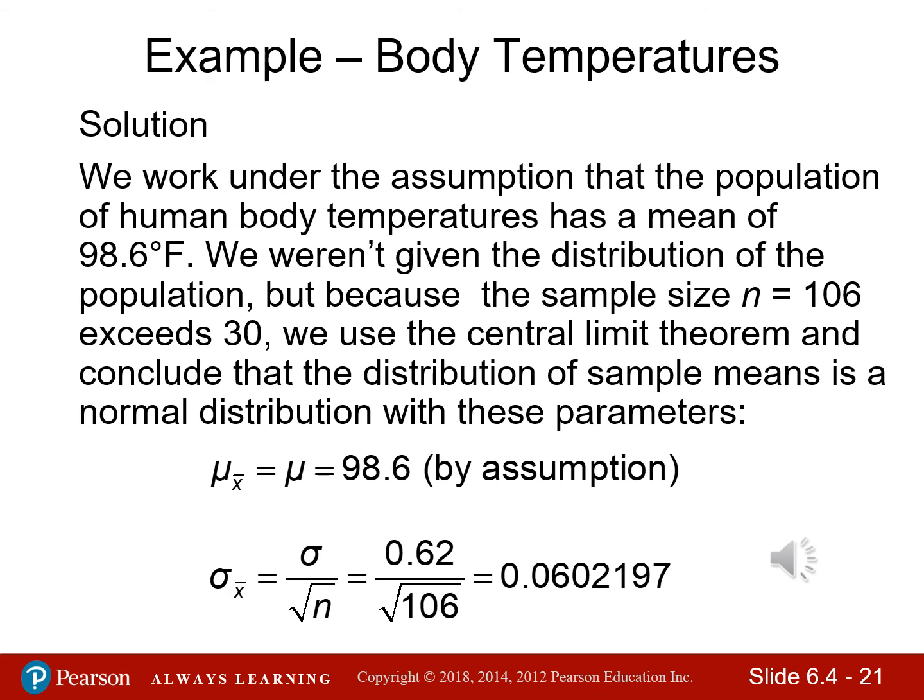We weren't given the distribution of the population, but because the sample size exceeds 30, we can use the central limit theorem and conclude that the distribution of sample means is a normal distribution with these parameters, where mu of x bar is equal to mu, the population mean, which is 98.6, and sigma of x bar is equal to sigma divided by the square root of n, and that's equal to 0.62 divided by the square root of 106, which is equal to 0.0602197.